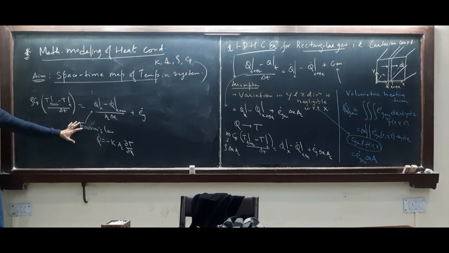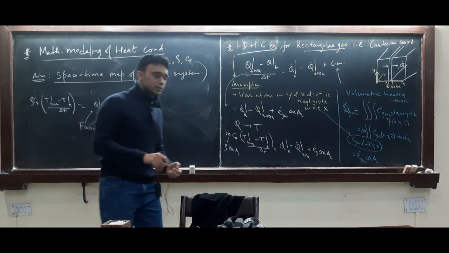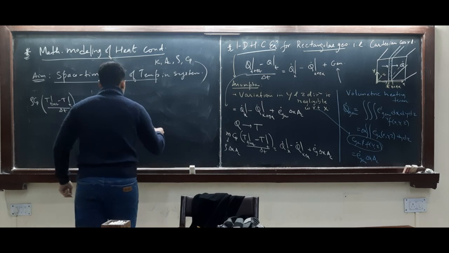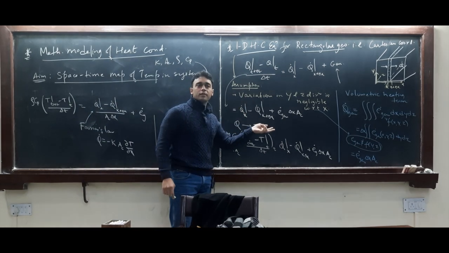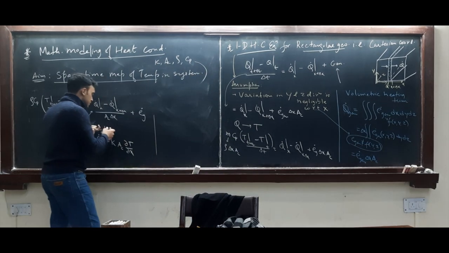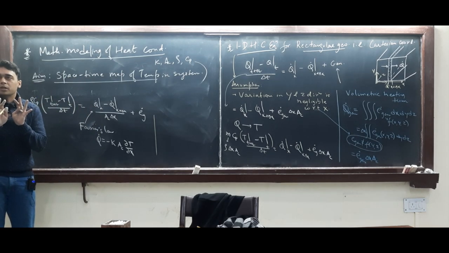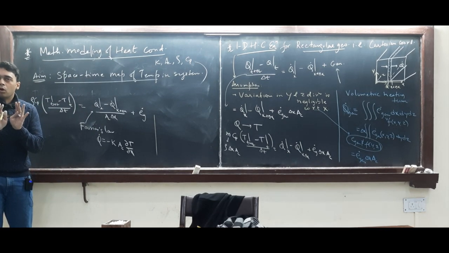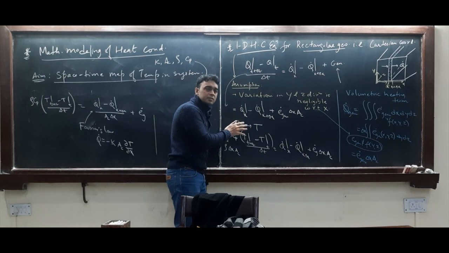Now, whatever you have done here is a crucial step, and I want you to notice this. If you understood this derivation, this is the same derivation you do in mass transfer. Remember how you started. You started from conservation principles on a small element, and then you applied, or are going to apply, limits.